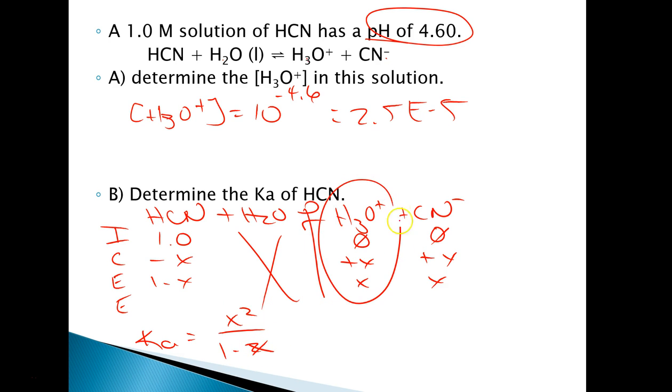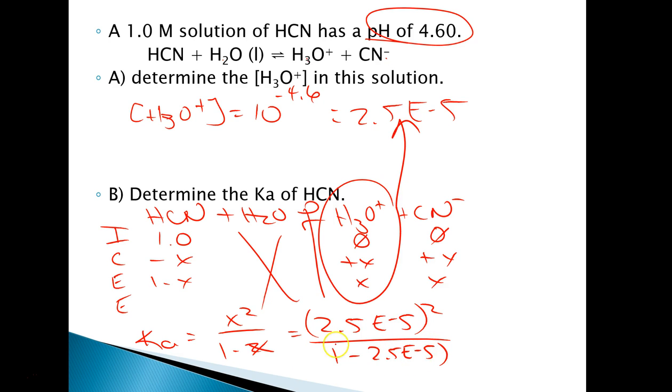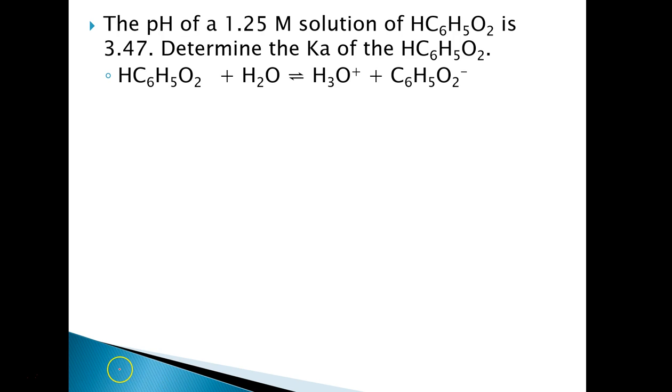And guess what? H3O plus, right there, that's what x is. I'm going to plug in 2.5 e negative 5, square it. And if I want, I could do 1 minus 2.5 e negative 5, but that's not going to make a huge difference. I get 6.3 e negative 10. Okay? So paying attention to what they're asking for and what they give you is important.